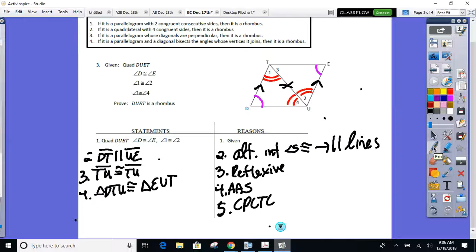All the sides congruent? But how are you getting 3 and 4 congruent without proving the triangles here? Well, I know that, but the triangle's got to be congruent to say that. That's what we're doing now. Okay, but all right, hold on.